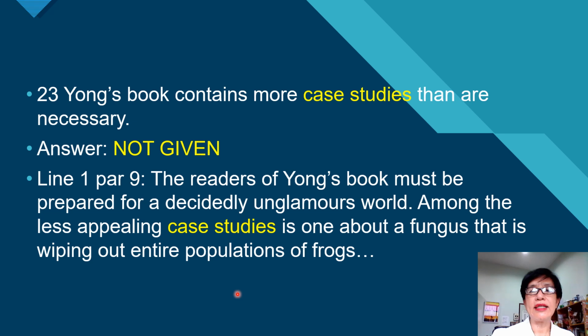Well, this paragraph mentions case studies, but it doesn't give us any information on whether there are more case studies than are necessary in the book. And that's why the answer is not given. There's no information to support this statement.